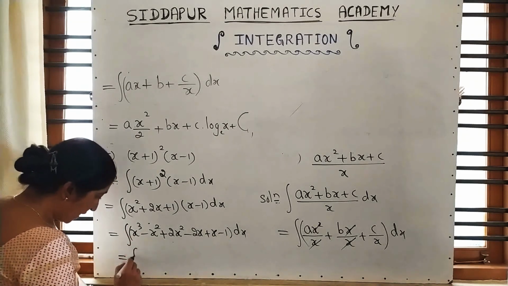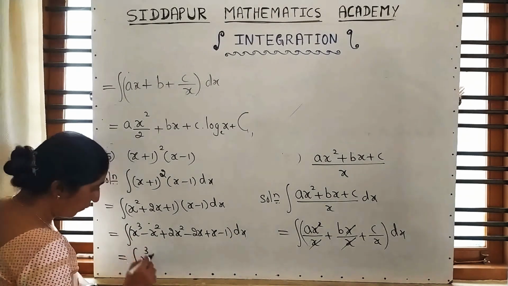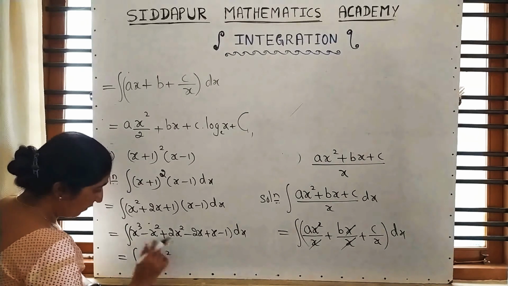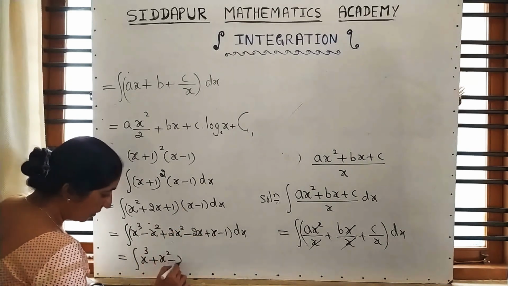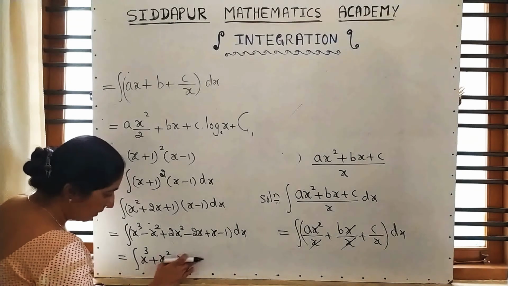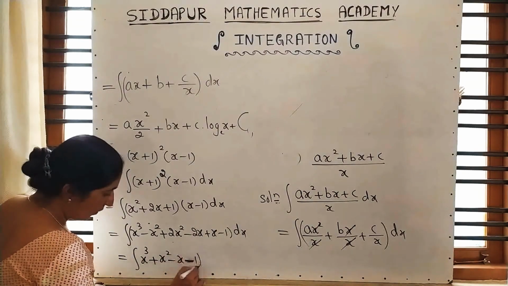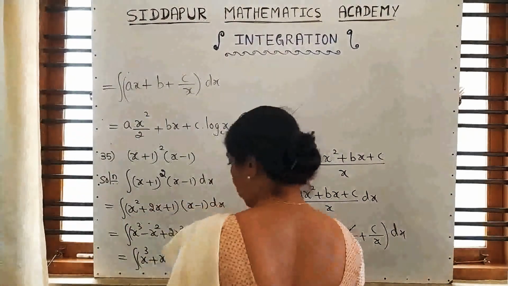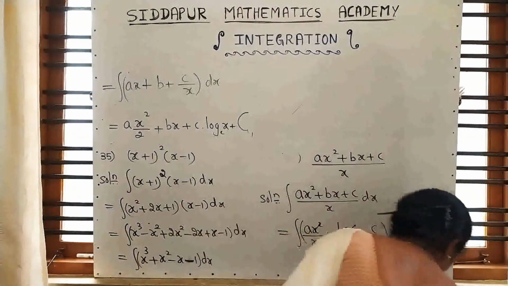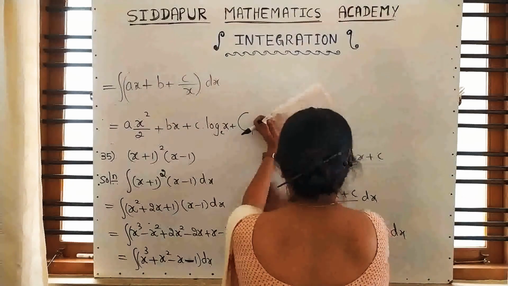And before integration, wherever necessary, go for simplification. See, minus x square plus 2x square is x square. Minus 2x plus x is minus x. And this is minus 1. Integrate this. What is the integration of x cube? Already you are familiar. Just write on that integration.